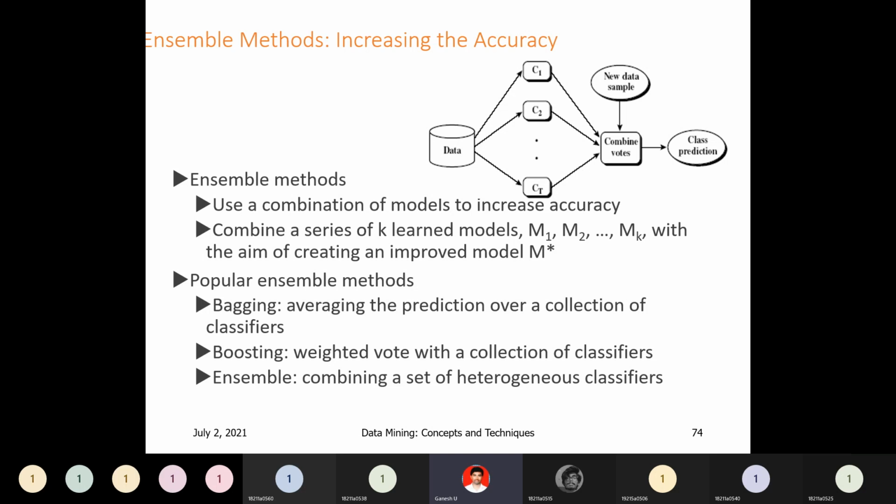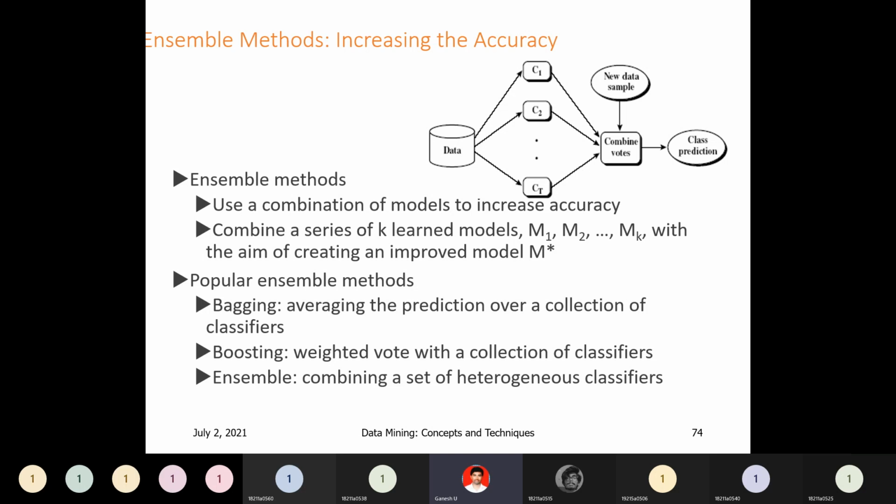The basic diagram we saw is the same for both methods, bagging and boosting. But what is the difference? There is a small, minor difference. In bagging, we average the prediction over a collection of classifiers. The number of classifiers you build, all those results are taken and the average value is computed. That average value is the result, and based on it we predict the class labels.